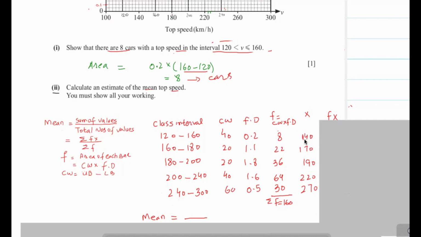After calculating the class mark and frequency, when we multiply f into x, we get these values. When we multiply 8 by 140, this will be equal to 1120. Next, we multiply 22 by 170, and we get 3740. Next, 36 multiplied by 190, 6840.